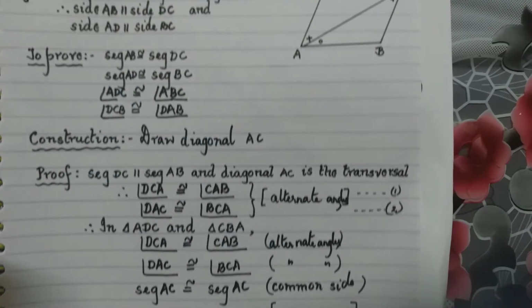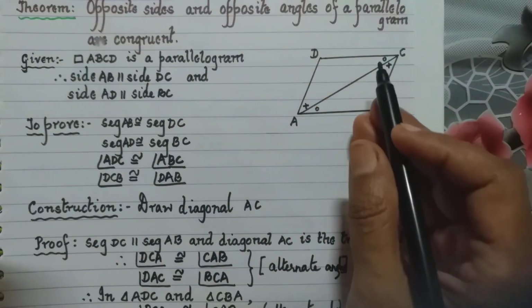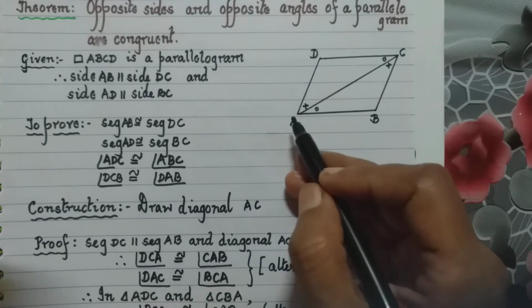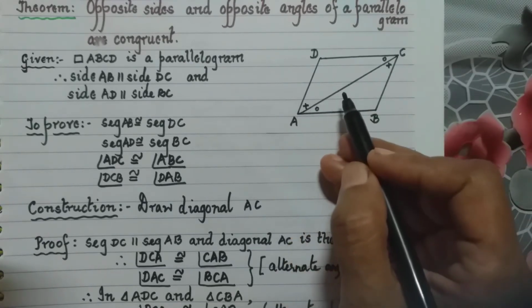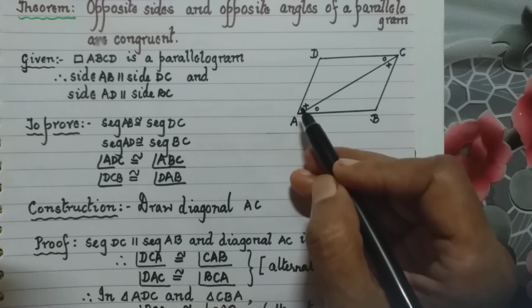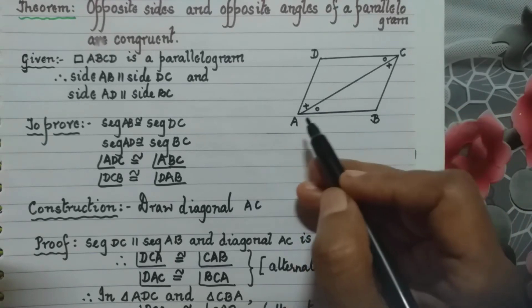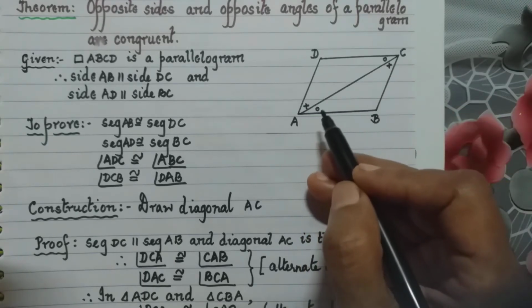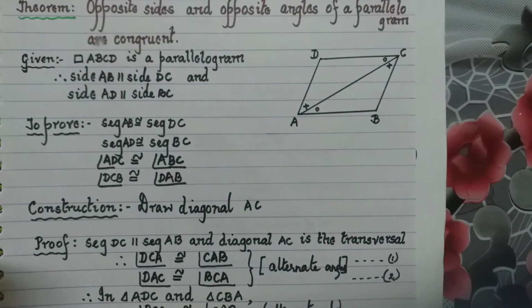Now we are seeing here, what did we say? One pair of angles is congruent, another pair of angles is congruent, and this side is congruent. That means angle, side and angle. So the two triangles will be congruent by the ASA test.